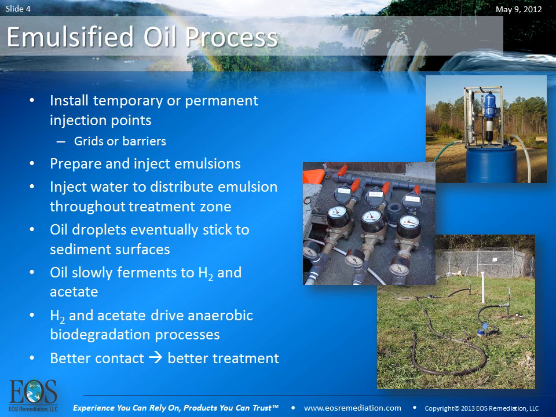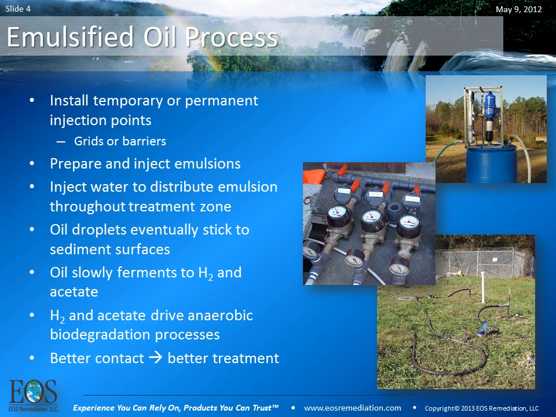So briefly, the emulsified oil process: you install temporary or permanent injection points. Typically your temporary wells are 1 inch in diameter. Your permanent wells are conventionally drilled, and can be 2 inches in diameter up to 4 inches in diameter, I've seen. You arrange them in a grid or a barrier configuration depending on your site conditions and your project goals.